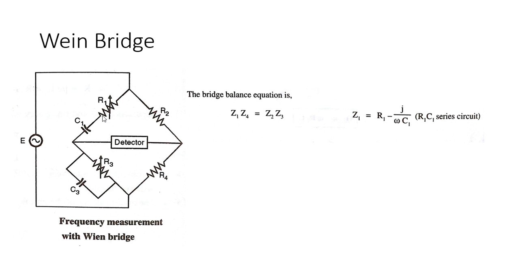Here Z1 is nothing but R1 minus j upon omega C1, because R1 and C1 are in series. Z2 is nothing but R2. Z3 is the parallel combination of R3 and C3.